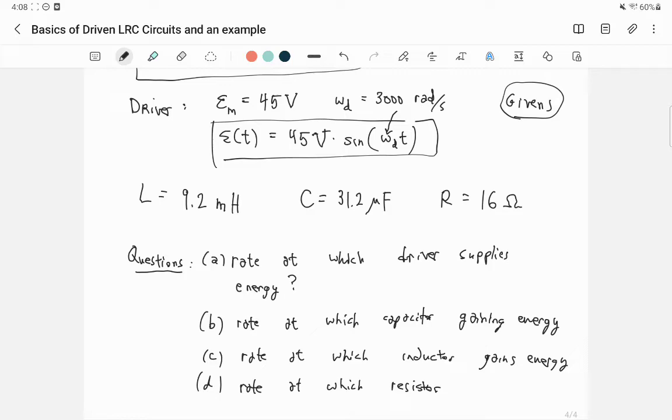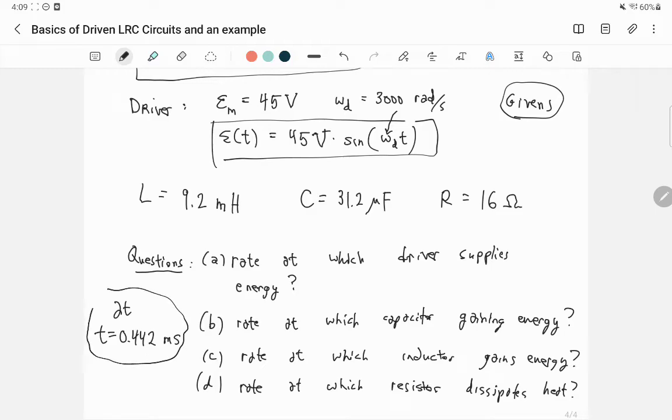So rate at which resistor dissipates heat, let's say, right? So these are the questions, and they are all asked at t equals 0.442 milliseconds, right? This is at a particular time.